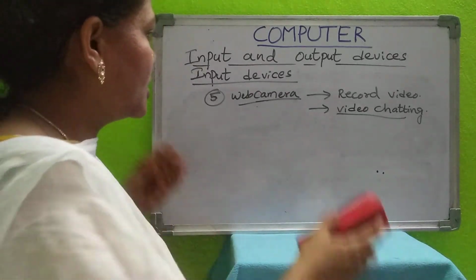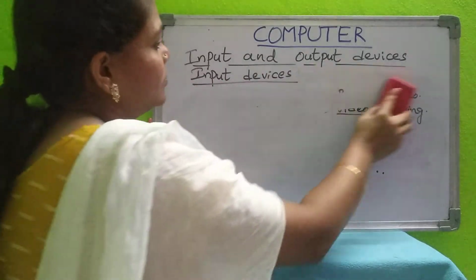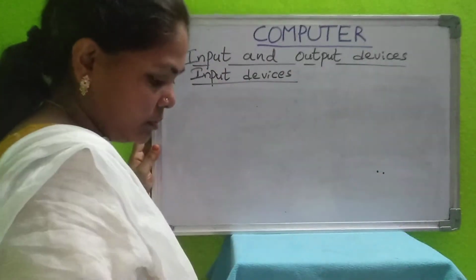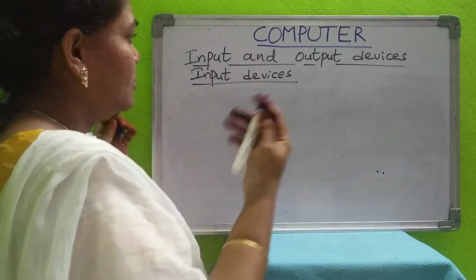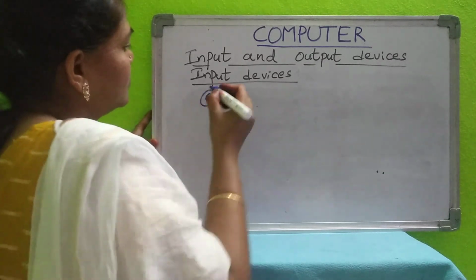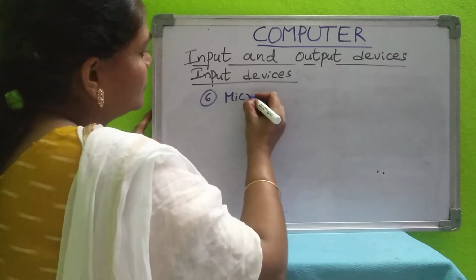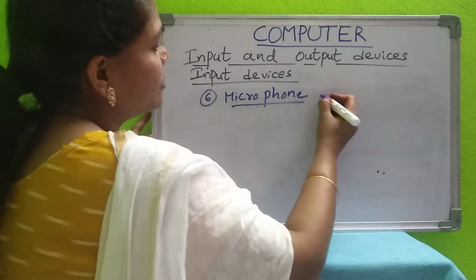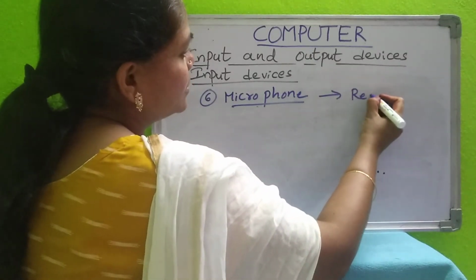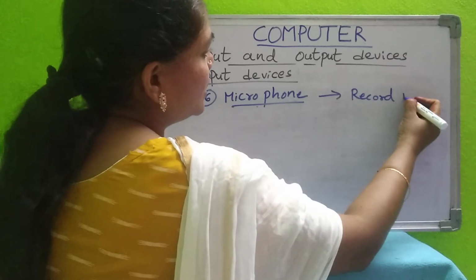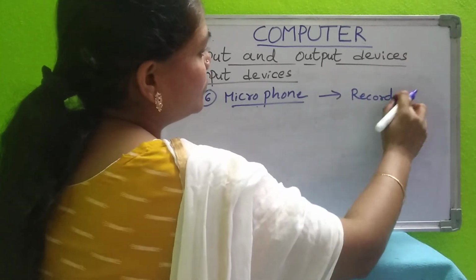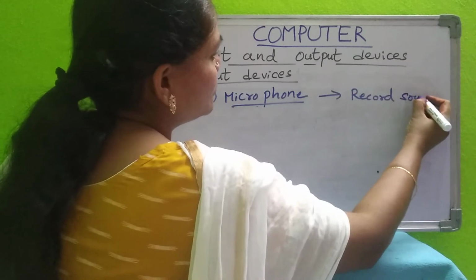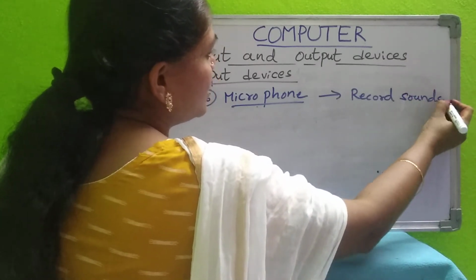Next, the sixth is microphone. Using this microphone you can record sounds. Different sounds you can record. If you talk, at that time also you can record your sound.